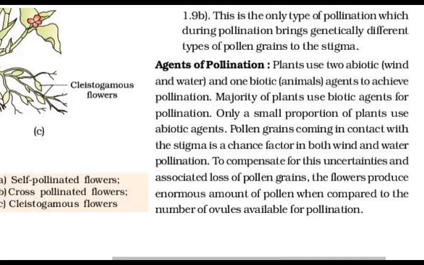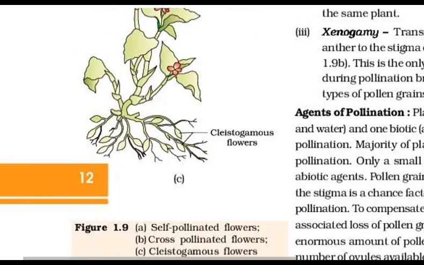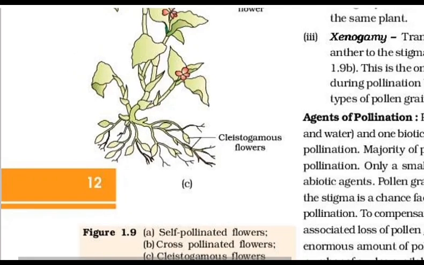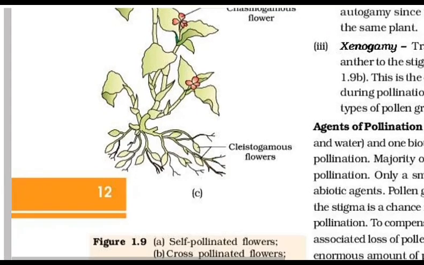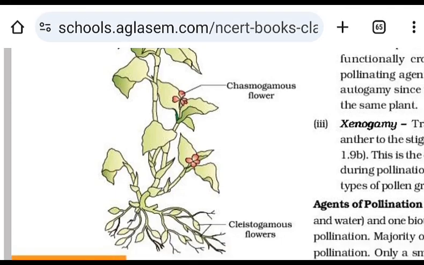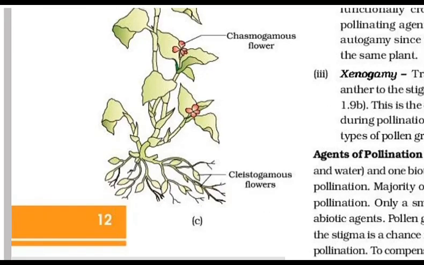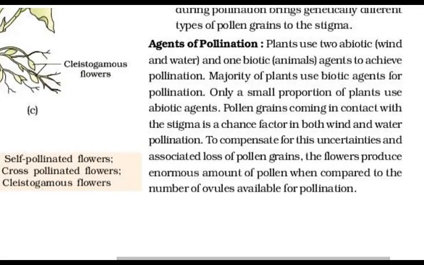There is a characteristic distribution of the cells within the embryo sac. 3 cells are grouped together at the micropylar end and constitute the egg apparatus. The egg apparatus in turn consists of 2 synergids and 1 egg cell. What does it consist of? 2 synergids and 1 egg cell.